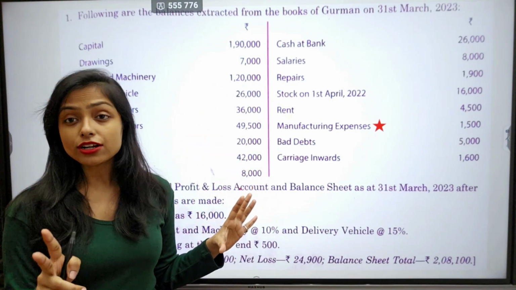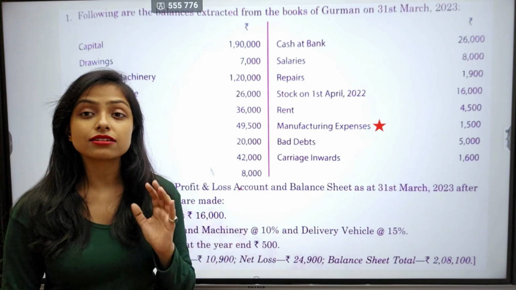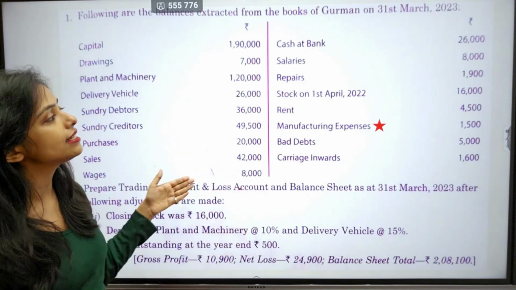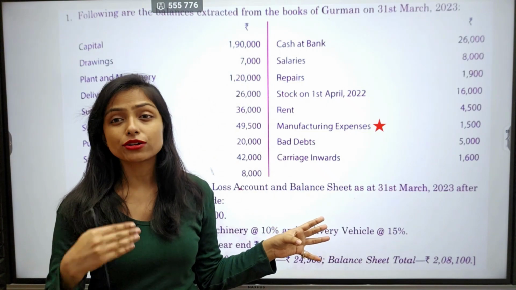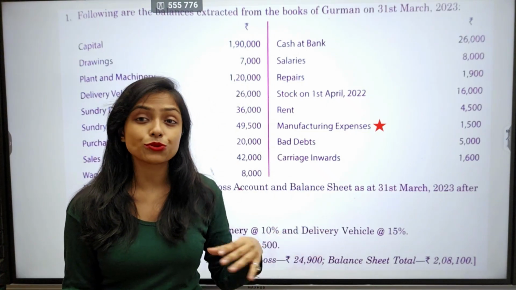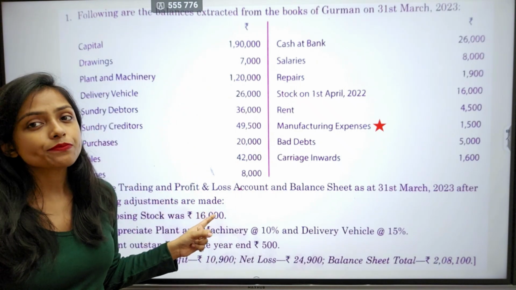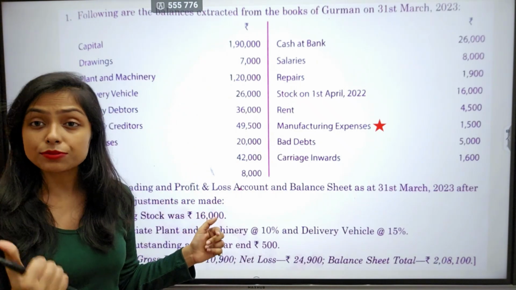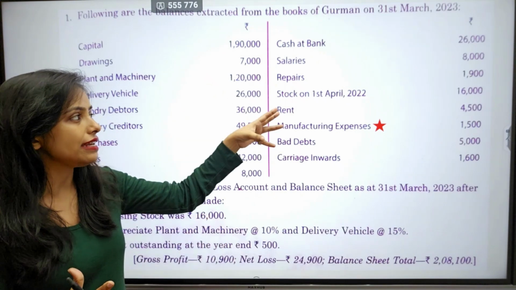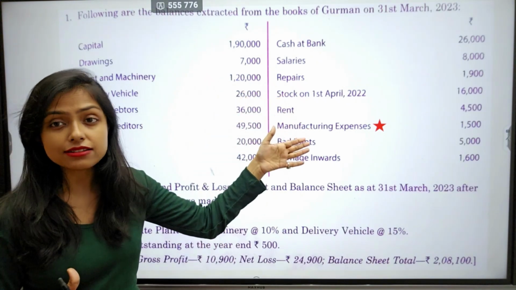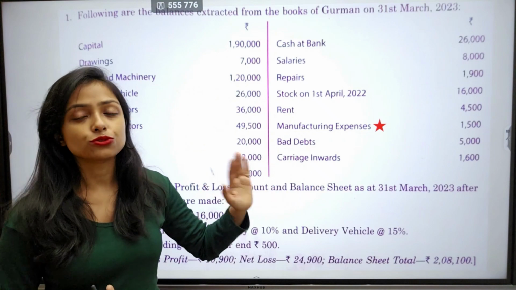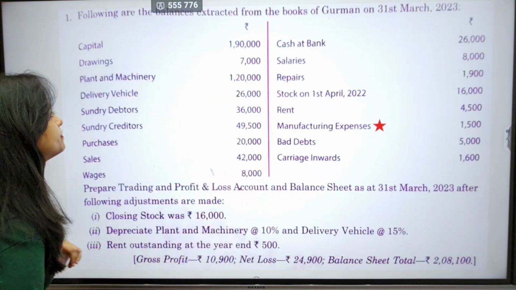But from the second question onwards, I am just going to discuss the adjustments with you because these things start getting repeated. There's no point of doing that again and again because that is going to take a lot of time. So I'm just going to do this question with you and then I'll discuss all the adjustments and all the important points also. If anything important comes up in the trial balance, then also I'll discuss it with you. Do not worry. Let's do it.